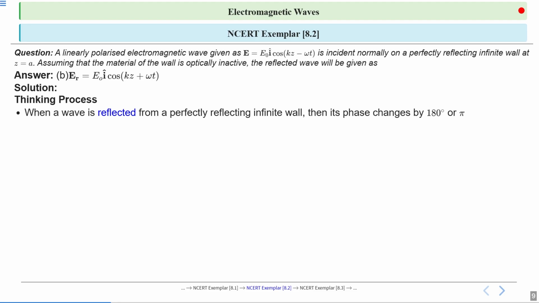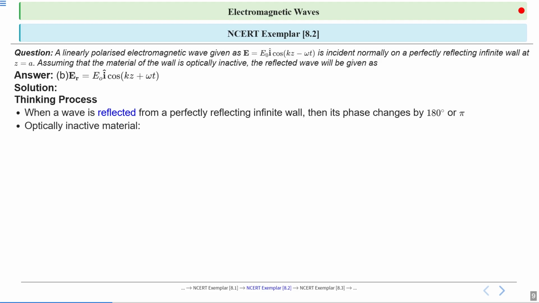But if it is reflecting after incidence on the denser medium, or a reflecting surface that is denser, then the phase changes by 180 degrees or pi. It is perfectly reflecting, which means the wall is denser, so the phase changes by 180 degrees.